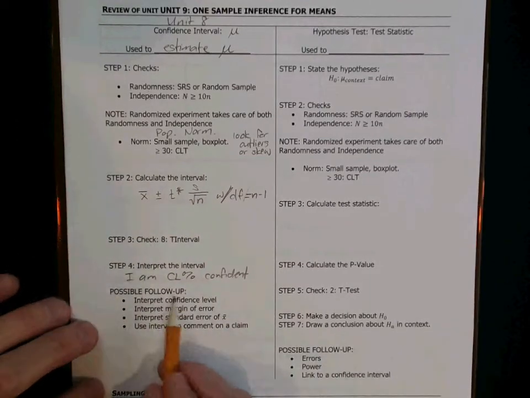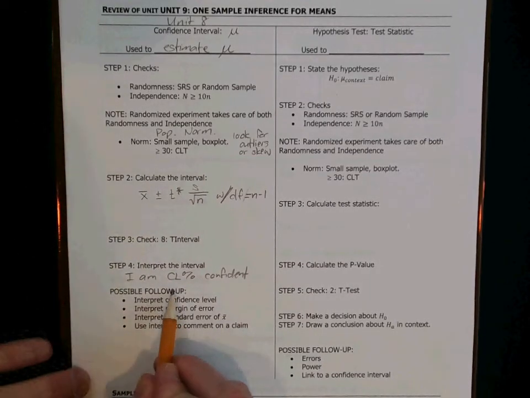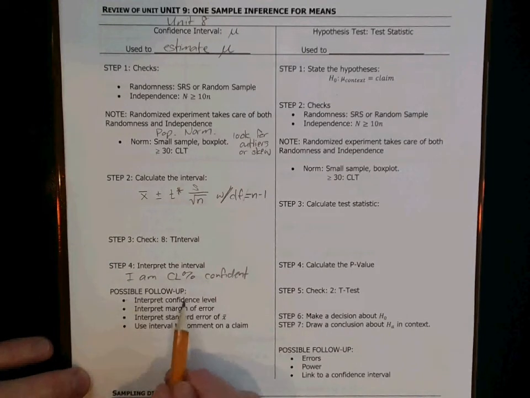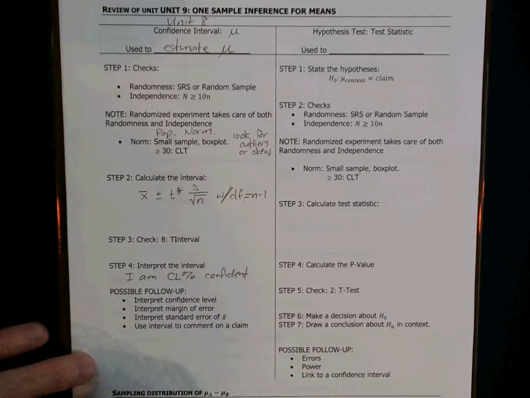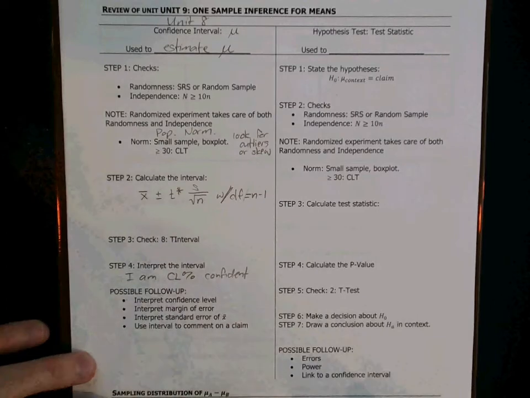Some possible follow-ups, and these would have to specifically be asked: interpret the confidence level, interpret the margin of error, interpret the standard error of the sample mean, or sampling distribution of sample means. Use the interval to comment on a claim. You'll check to see if the claim is within the interval. If the claim is within the interval, it's plausible. If the claim is not within the interval, it's not plausible.